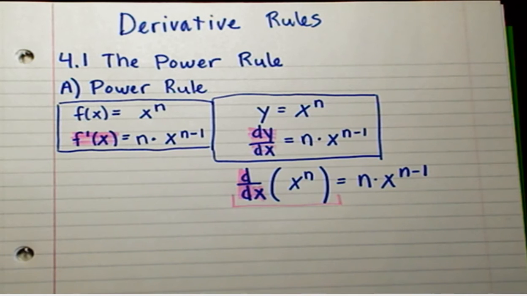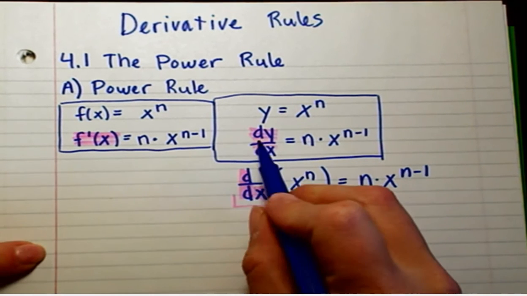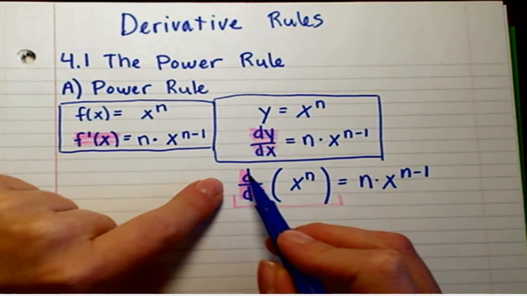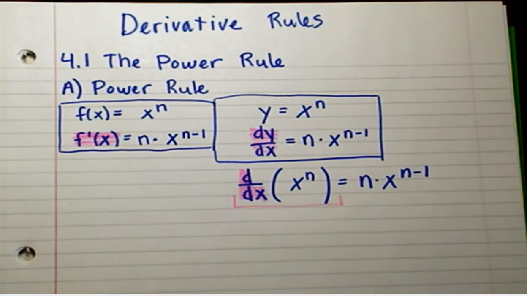So these are different ways to ask for the derivative. Find f prime. Okay? Find dy dx. Find d dx of the thing in the parentheses. They all mean do the power rule.